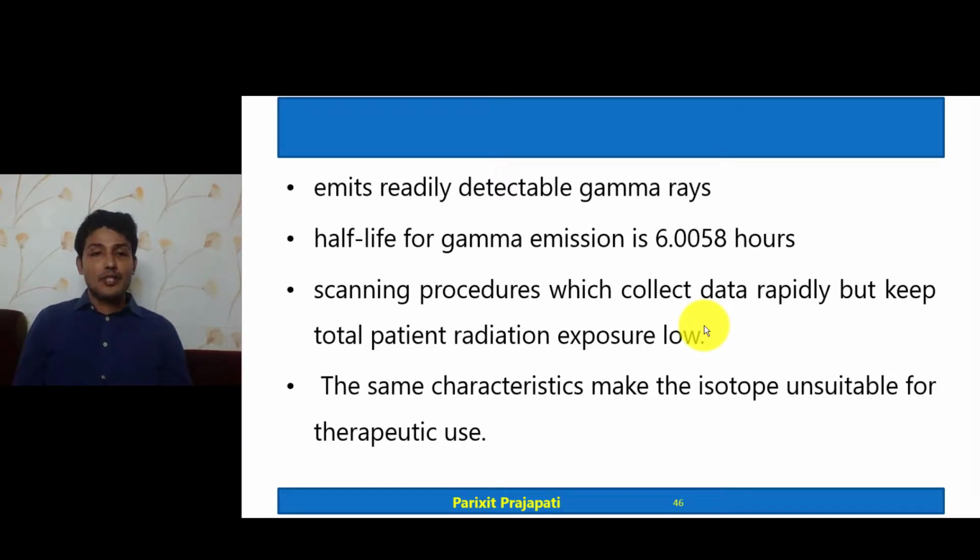But because it has a short half-life, it is not suitable for therapeutic use. So it has an advantage as well as a disadvantage. The advantage is in diagnostic purposes and the disadvantage is in therapeutic purposes.